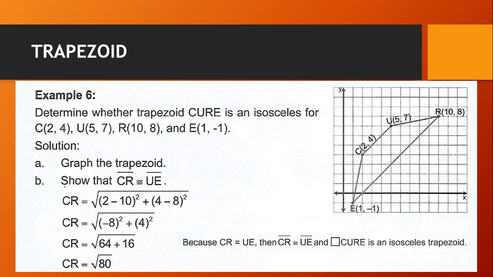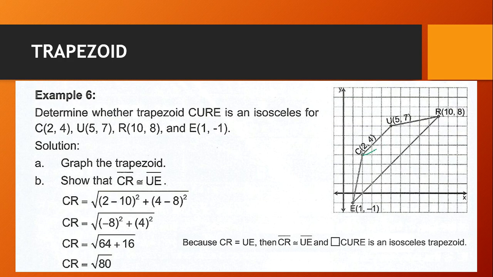Next is show that CR is congruent to UE. So we're going to prove that these two diagonals are congruent. CR and UE are the diagonals of the trapezoid.